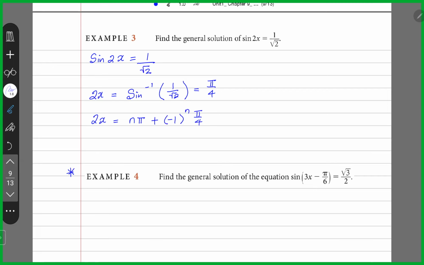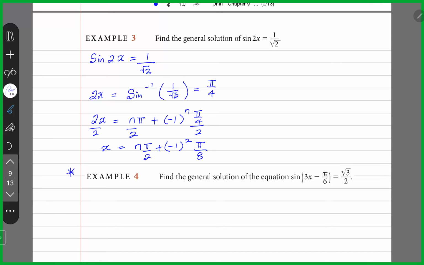So if you're solving an equation, it's not 2x you want to find out, it's x. So if I divide the entire equation by 2, I'm going to get x is equal to n pi by 2 plus minus 1 to the power n pi by 8.